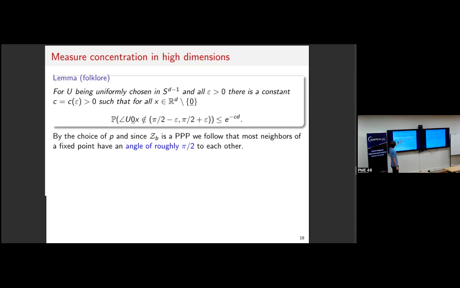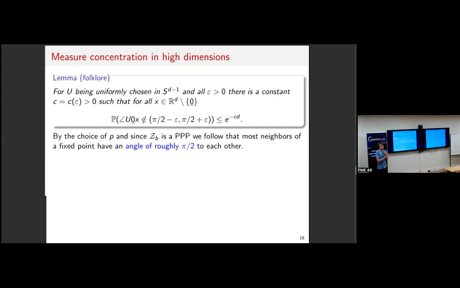Or in other words, the probability that the angle is not roughly 90 degrees decreases exponentially fast in the dimension. And this has major consequences. We use this a lot of times.